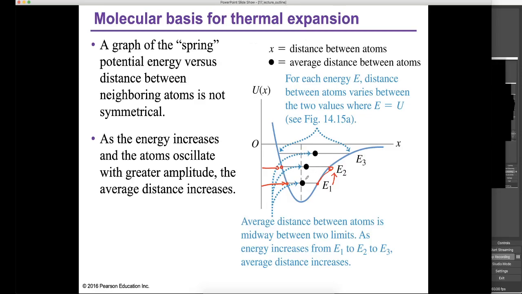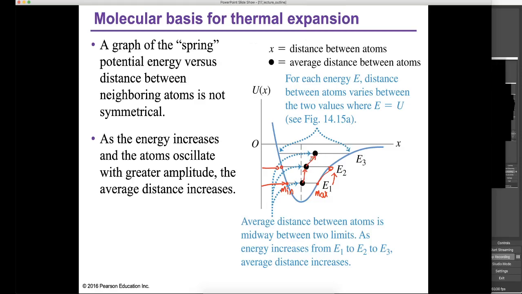But if we consider the middle point between the minimum distance and max distance in low energy and high energy, you will see the middle point is shifted to a longer distance. And when the energy increases, the middle point is increased more.